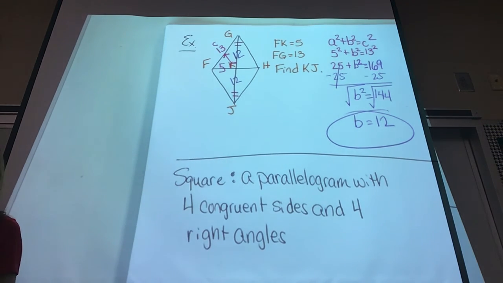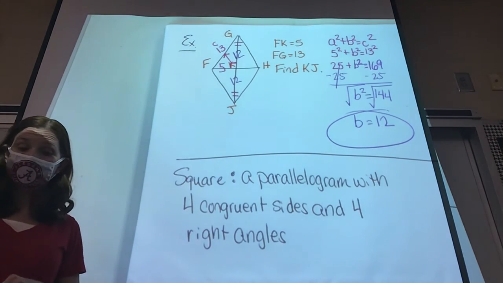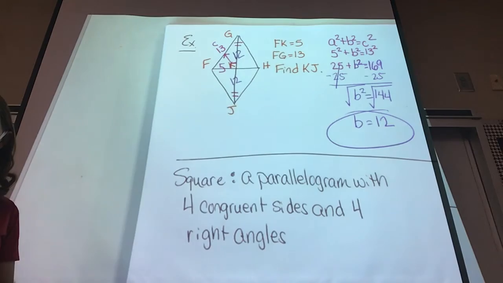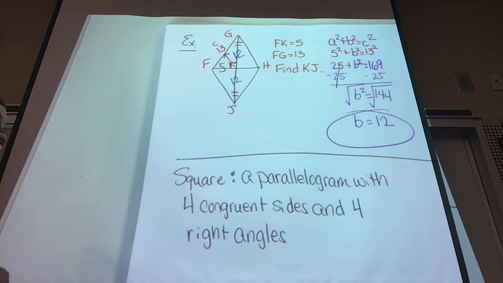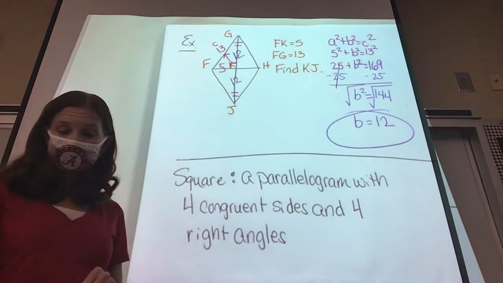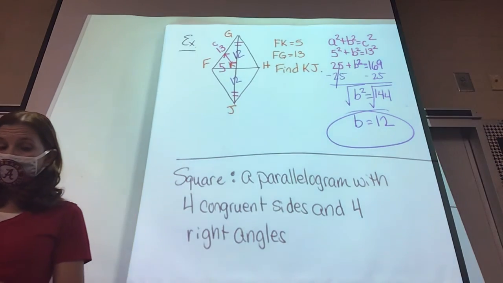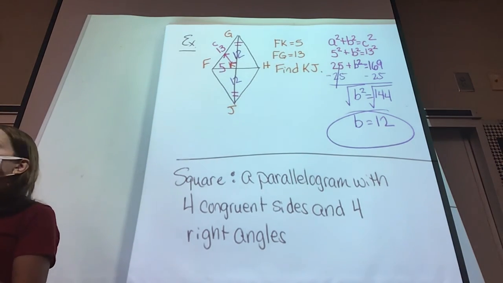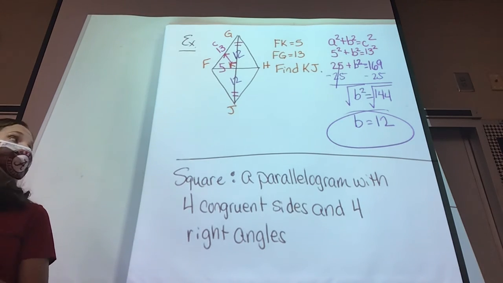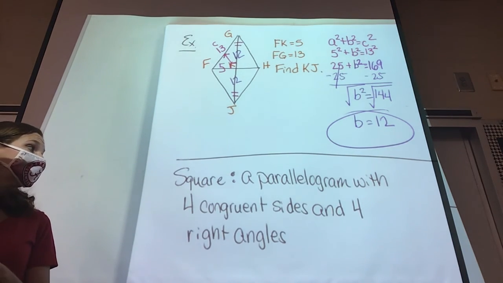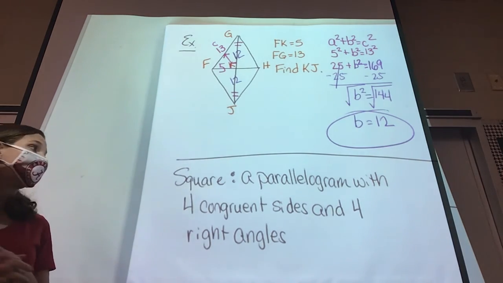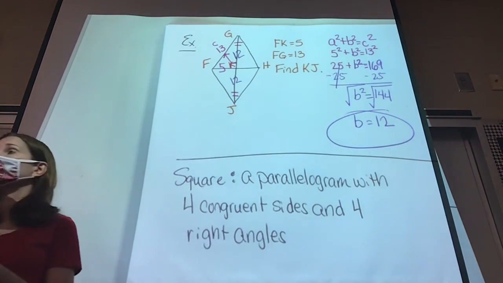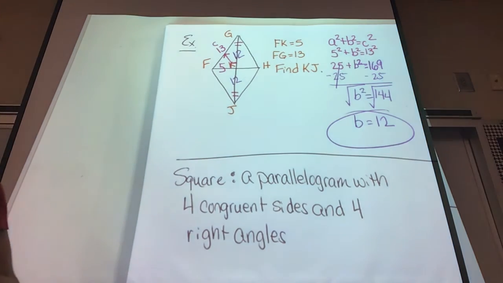When they bisect, all that good information still applies. Okay? So, really, there shouldn't be anything really hard about a square. So all you really have to know is that you got this. And then you can go from there.